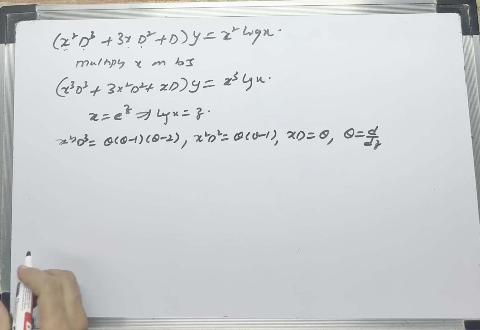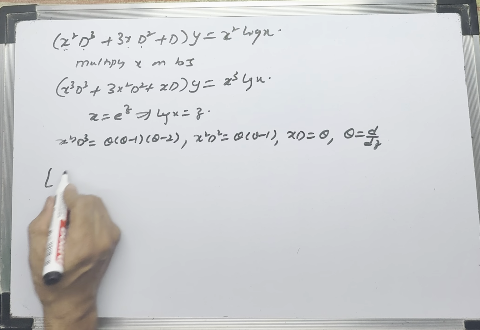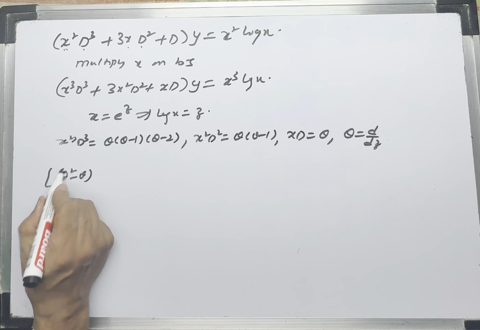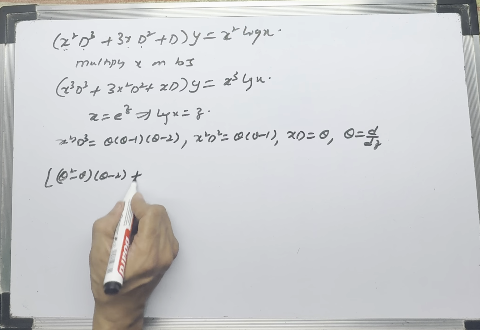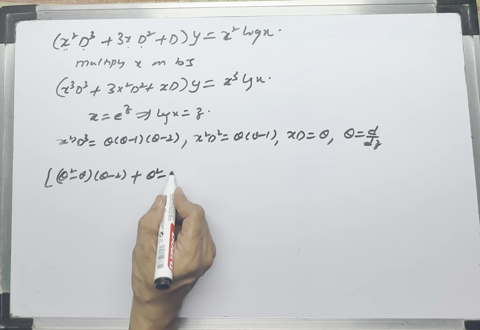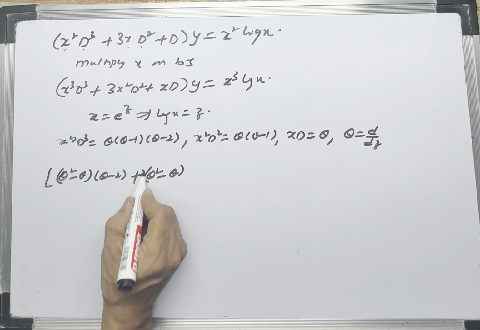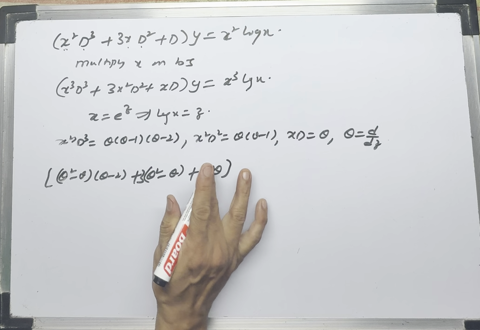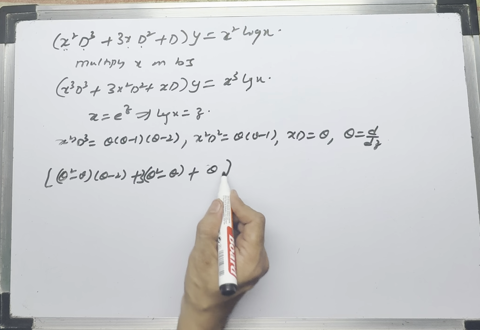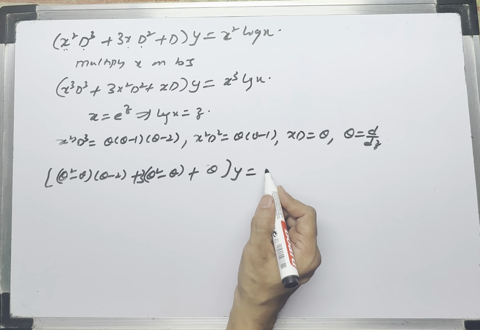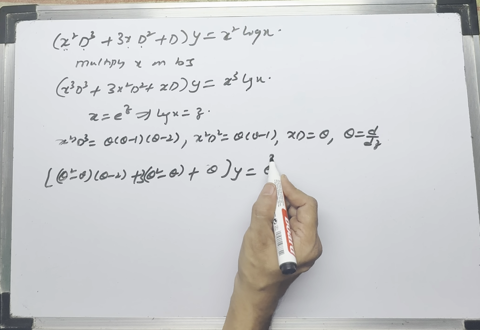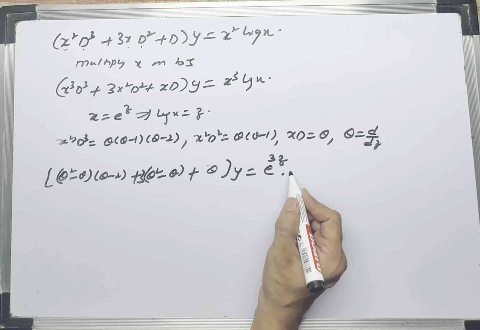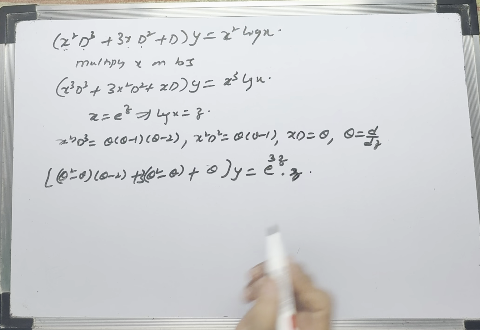So this will be theta square minus theta into theta minus 2, if you multiply this, theta square minus theta into 3 is there, plus 3 theta, just theta, into y equals x cube, e power 3z into log x is z.